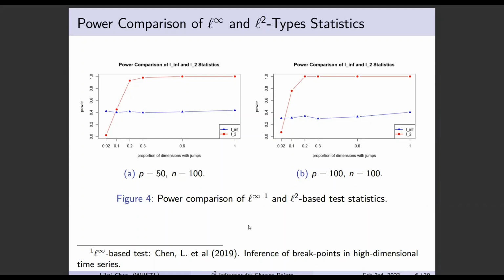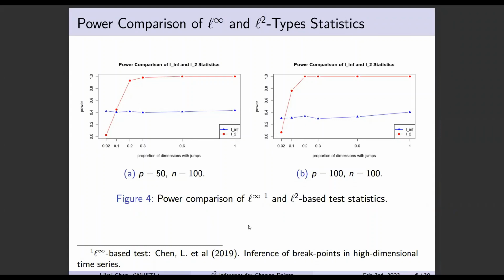The intuition behind this is that when we look at the maximum norm, we only care about the largest signal across different locations. But if we look at the L2 based norm, then we aggregate all those signals together. So when a larger proportion of series jump simultaneously, it is potentially easier to detect the break locations.